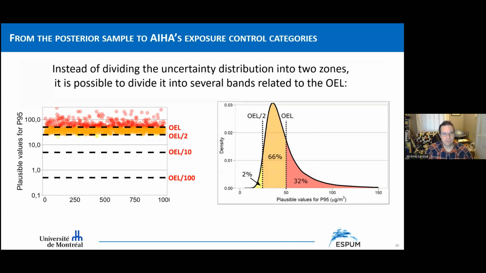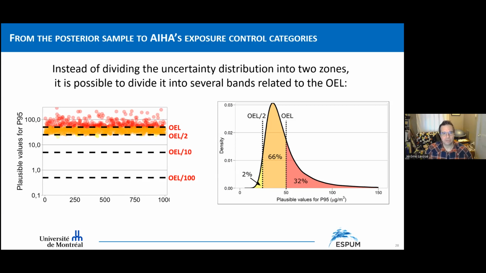So we would just say, okay, you're at the OEL, now you're in a problem area, or your 95th upper confidence limit is at 50%. We're not panicking, but we're saying now we need to start looking.